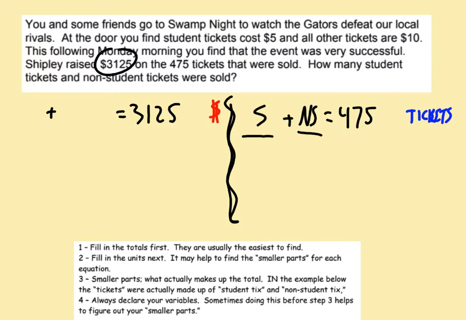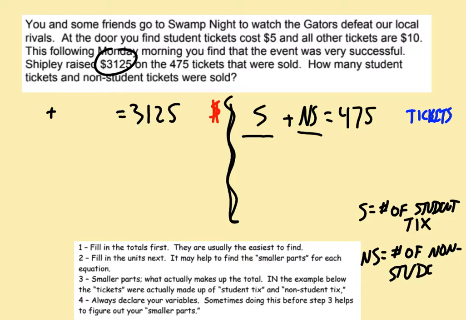I'm actually going to come down here and I'm going to declare that S is the number of student tickets and NS is the number of non-student tickets. And I think every math teacher in the world is going to want you to declare your variables, so consider my variables declared there.